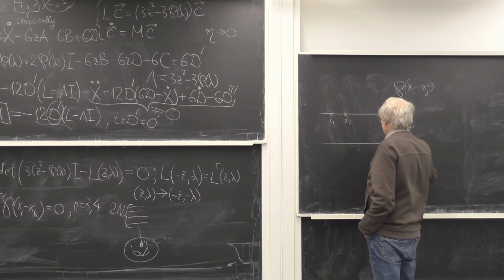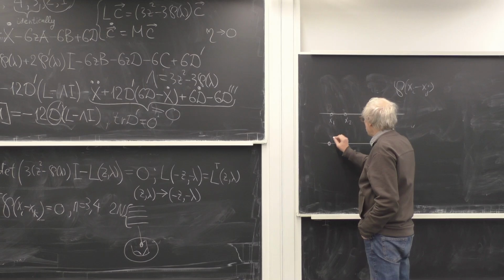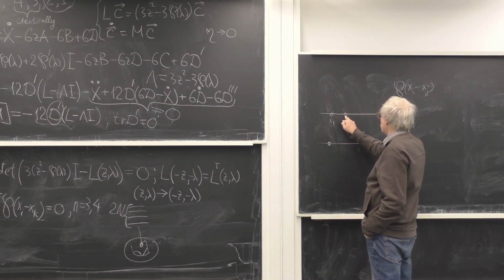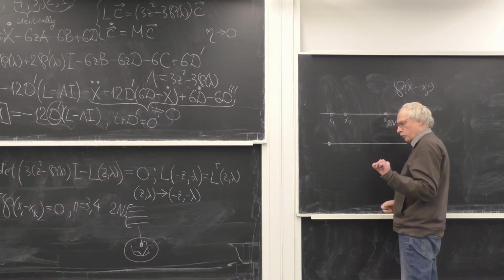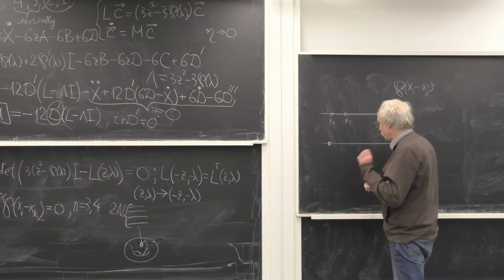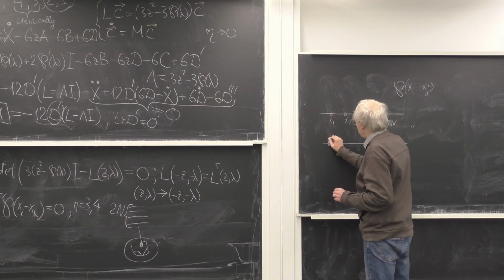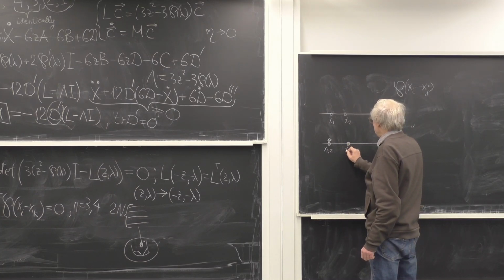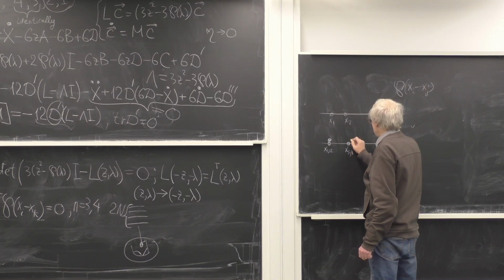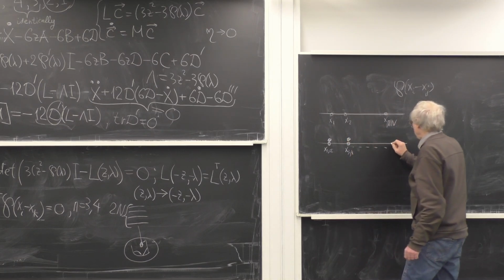And consider a configuration when the neighboring particles merge in pairs. So they stick together. So at this point, there are two particles, x1 and x2. And similarly, x3 and x4, and so on.